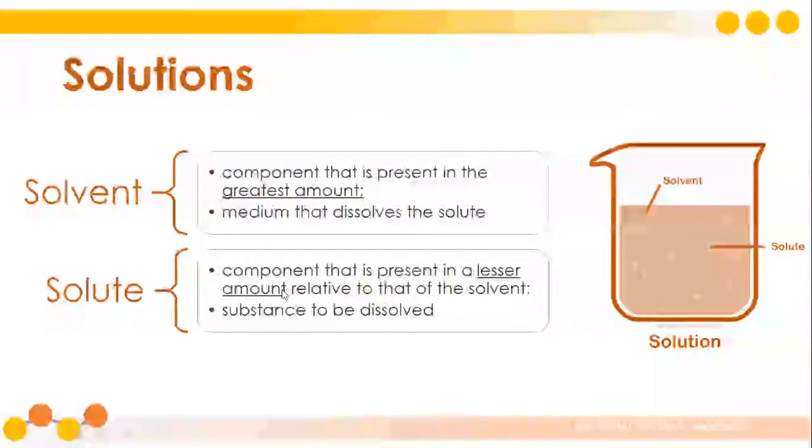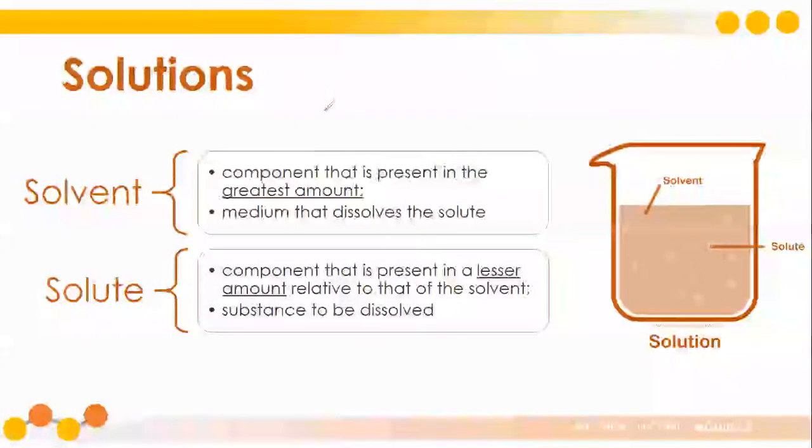This is a component that is present in a much lesser amount relative to that of the solvent. This is also the substance to be dissolved. If you compare solvent and solute in terms of amount, solvent will be the greater one. Again, solvent is the one that dissolves the solute. Solute is the one that is being dissolved.